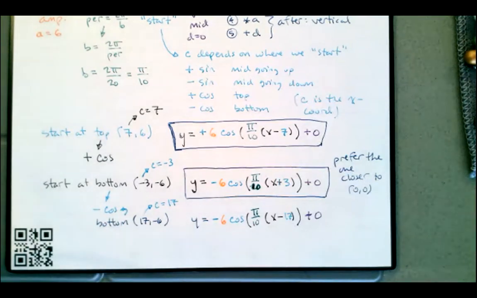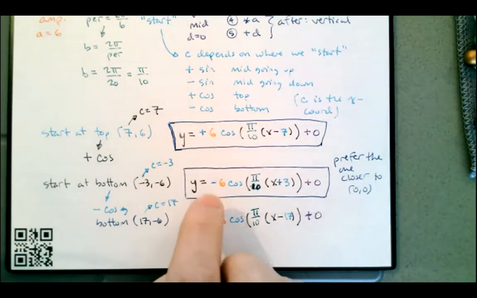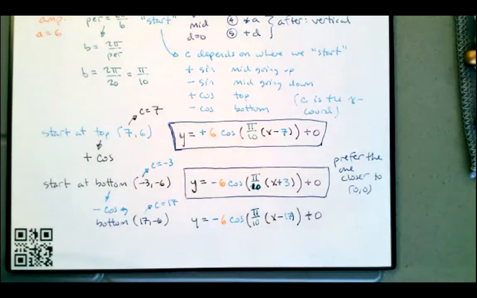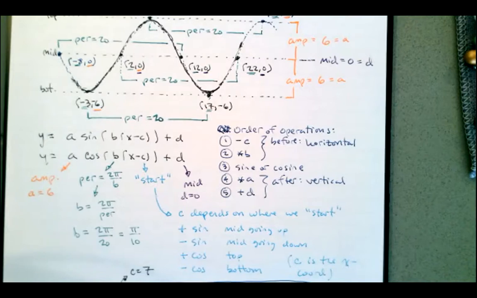So we can also choose points that are at the middle going up and the middle going down. But instead of writing plus cosine, we'd write plus sine or minus sine. So another function that we could use here, if we start at the point 2, 0, that's a point that's the middle going up. So it's a positive sine. And c will be the x-coordinate of the starting point.